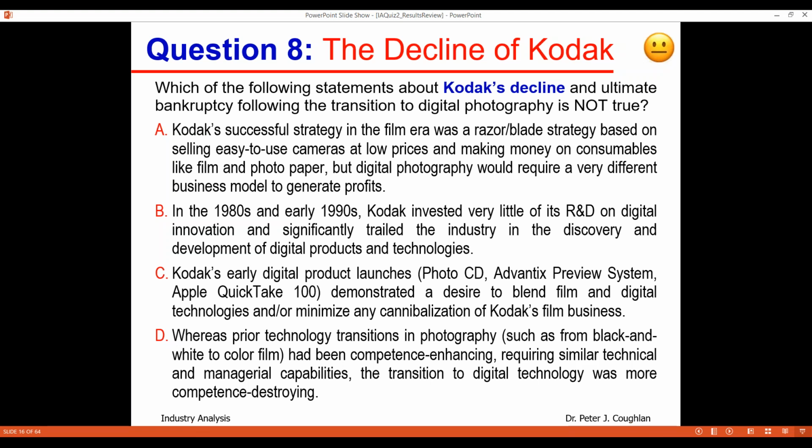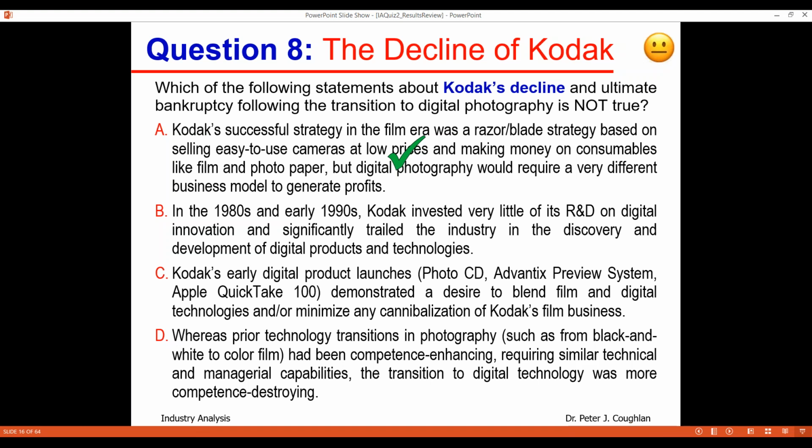But digital photography will require a very different business model to generate profits. There aren't the same consumables. There's no film, or even really photo paper in digital, unless you're printing it out. So again, that's a true statement. They were all focused on the consumables, and it wasn't going to be the same. It was a filmless future with digital photography.